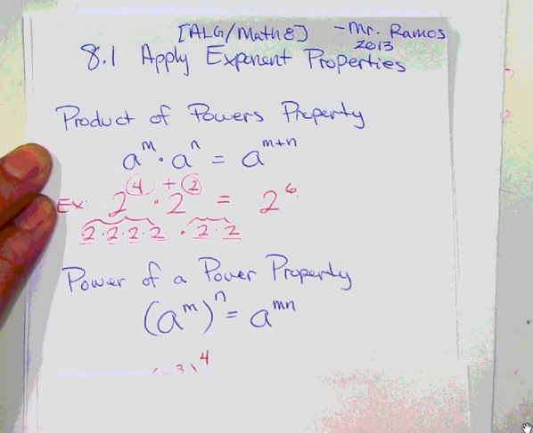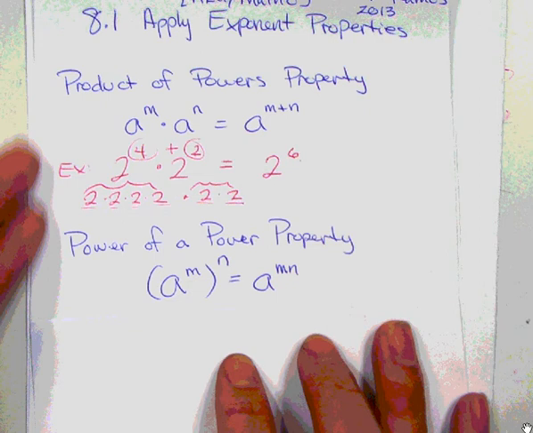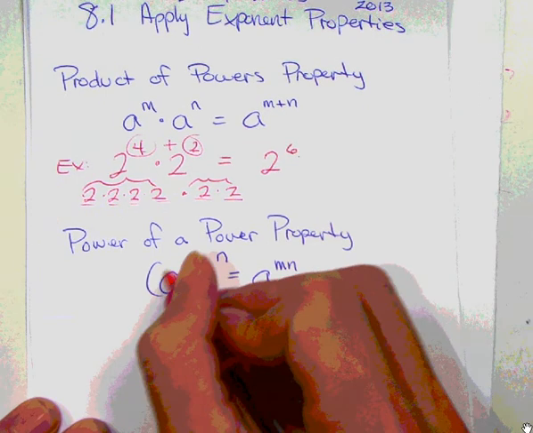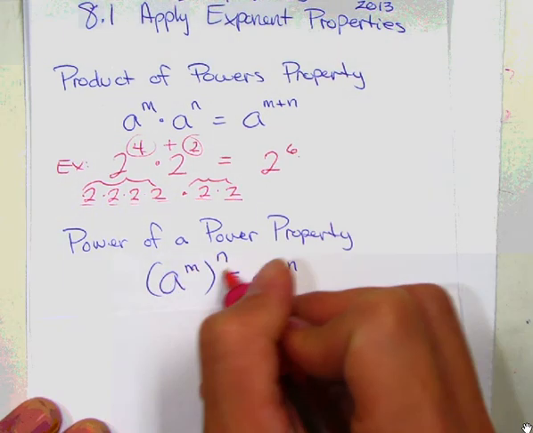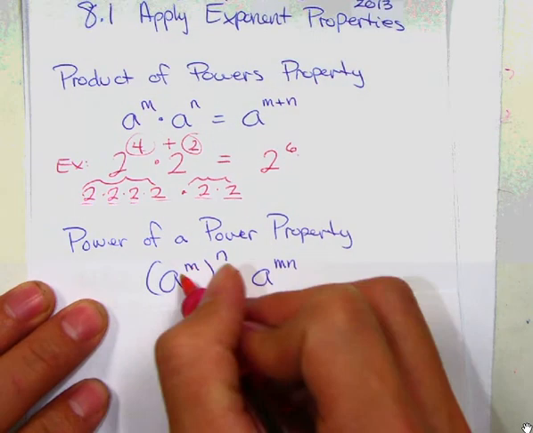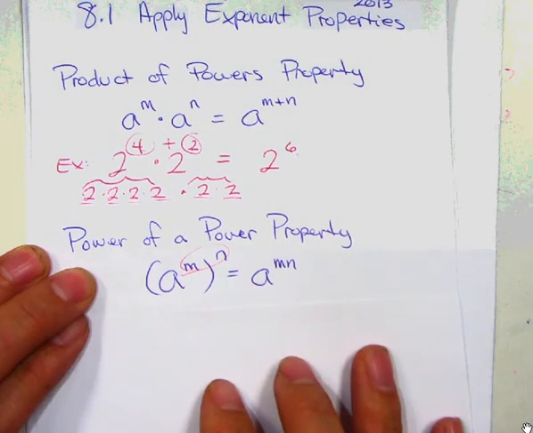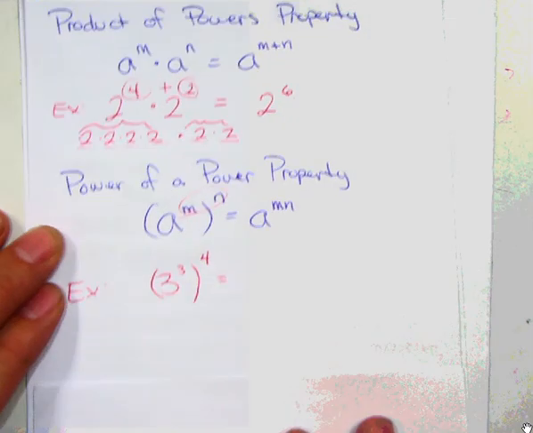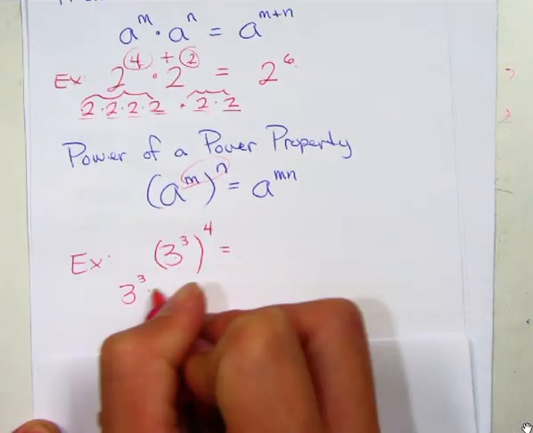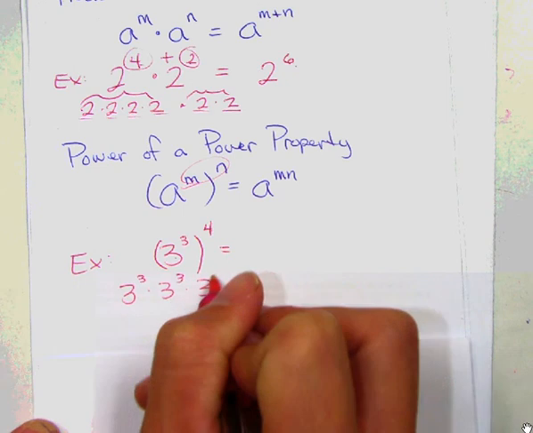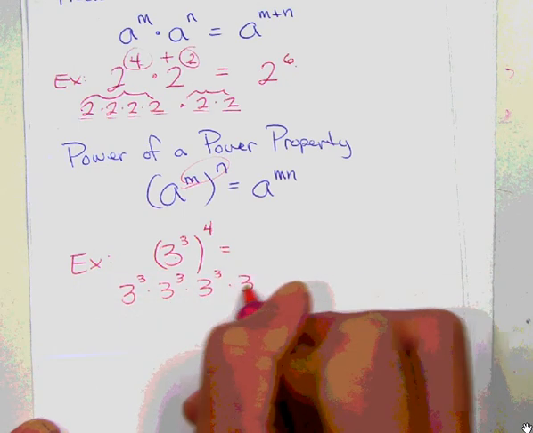The next one is called the power of a power property. We're taking something with a base that has a power and taking it to another power. So the shortcut there we'll find out in just a moment, but let's take a look at this example. This example here, 3 to the 3rd 4 times. That's 3 to the 3rd times 3 to the 3rd times 3 to the 3rd times 3 to the 3rd.